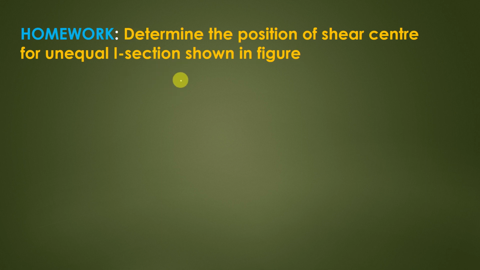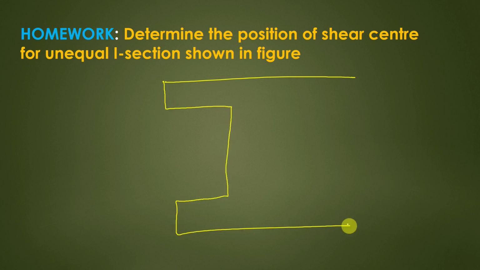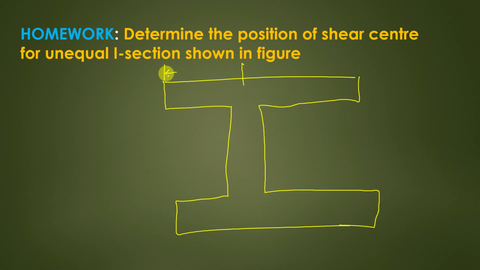If you substitute whatever values I have done, you can do it very simply. Determine the position of shear center for an unequal I section as shown in the figure. I have not given you the figure. Let me draw it here. This is the unequal I section we have, and this is 60 mm, that is b1 is 60 mm, and this is 80 mm, that is b2.